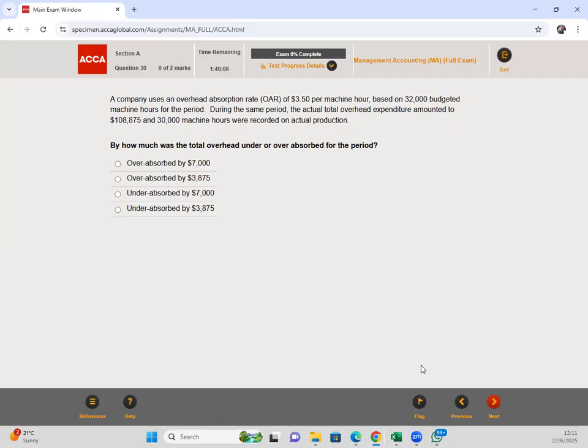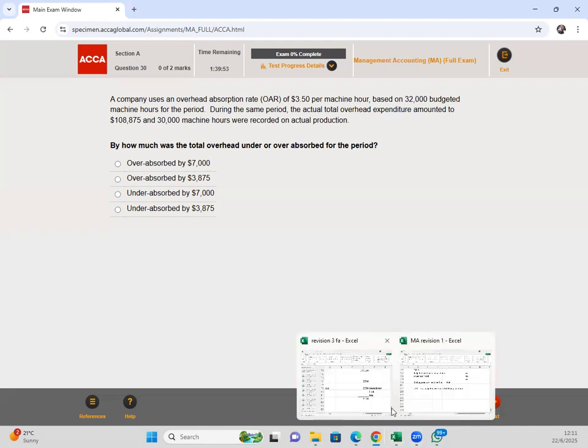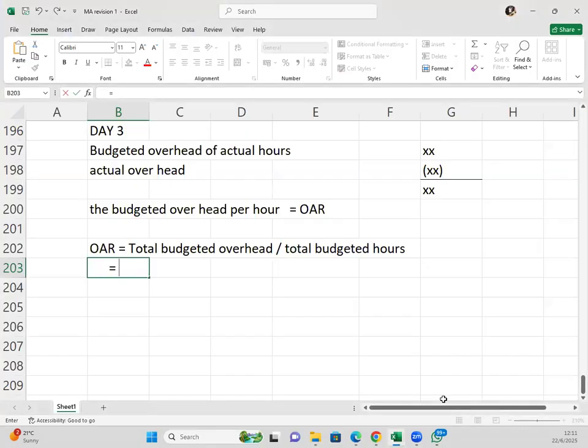During the same period, the actual total overhead expenditure amounted to that. So we are told that the OAR is 350. We have already been given our overhead absorption rate, so we're not calculating the OAR, but we have been given the OAR. The OAR is 350 per machine hour.